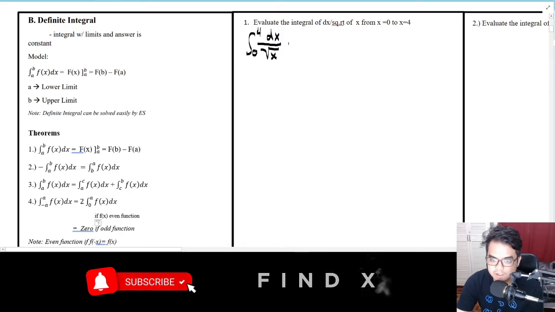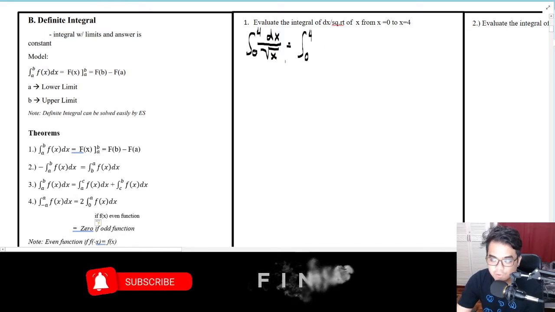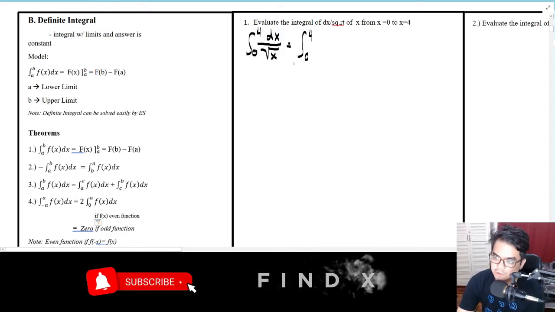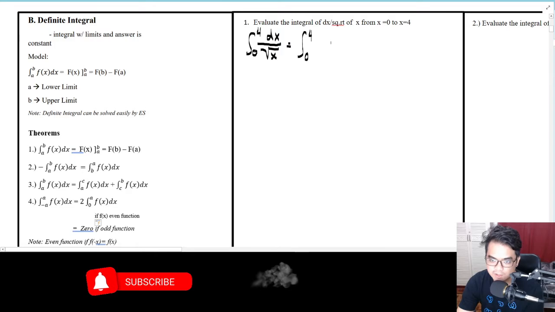Okay, so what I can do here is I can make it like this. 0 to 4, and then the square root of x is just also equal to x raised to 1/2. And then if I bring it up, you have to change the sign of the exponent. So you'll have x raised to negative 1/2 dx.